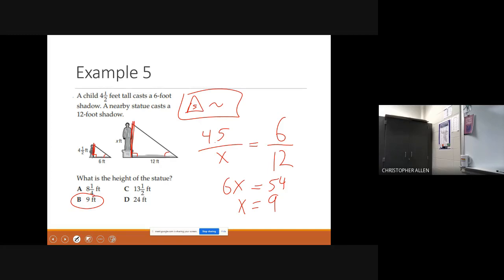Now guys, I know that that's a very simple example and it worked out very nicely, but I'd like you to consider this. Did you know that about 2,000 years ago, they didn't have calculators back then. They didn't have cell phones. They didn't have computers or Google. They didn't have satellites. They didn't have telescopes. Did you know that they pretty accurately estimated the distance to the moon using a similar technique to what we just did right there?